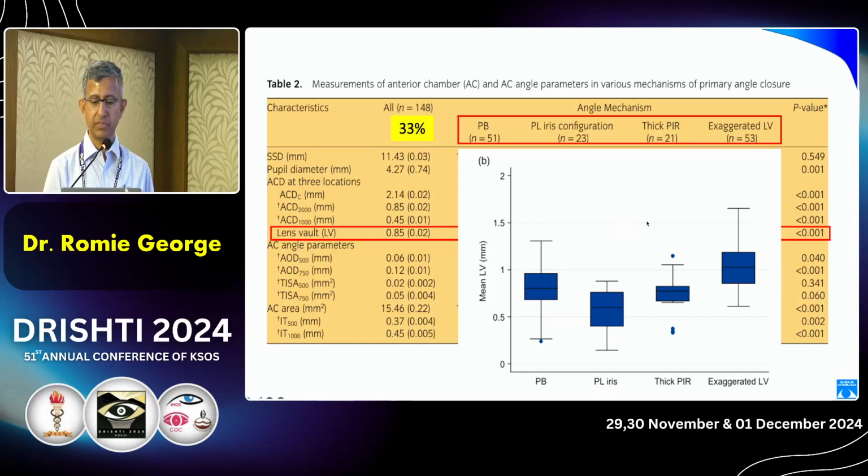This is a graph which shows the lens vault in each of these conditions. You can see the eyes with an exaggerated lens vault had an average of more than 1.2 millimeters as compared to the other groups which were around 0.7, 0.6 and 0.5. So definitely when you look at the anterior segment OCT and try to see which of these is contributory, in just about a third of these eyes you're seeing the lens as being the primary force.